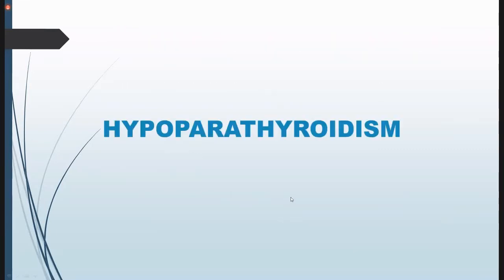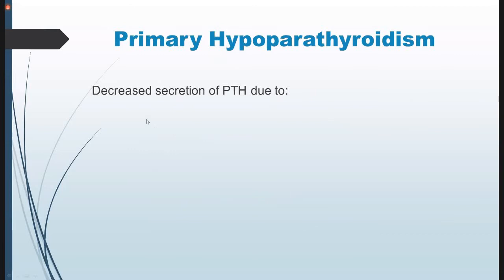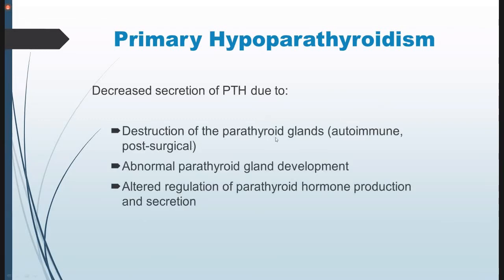Now I'm going to start the topic of hypoparathyroidism, and I'm going to go a bit fast because we are short of time. So primary hypoparathyroidism is basically decreased secretion of PTH. It is the opposite of hyperparathyroidism, right? Basically that is because of destruction of the parathyroid glands, either because of an autoimmune condition, or the parathyroid glands have been removed surgically for whatever reasons.